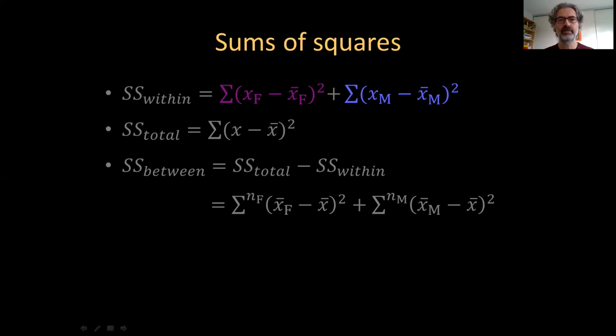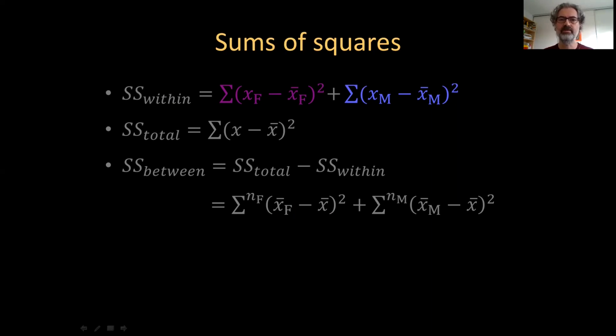And that total variability is split into parts. One part of the variability is the part that is accounted for by the grouping. So that's given by the difference between the group means and the grand mean. If the group means are equal to the grand mean, then no variability is accounted for by the grouping.